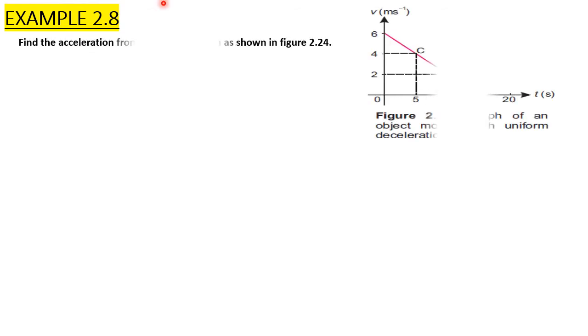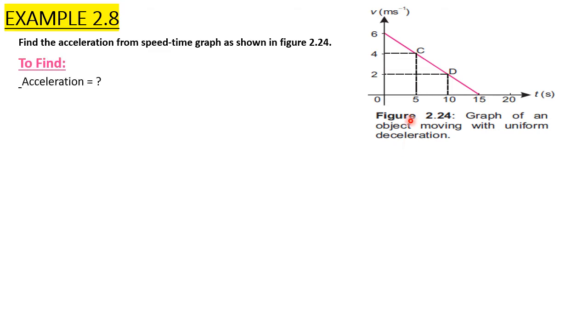Example 2.8. The statement of example 2.8 is, find the acceleration from the speed time graph as shown in figure 2.24. So here we have to find out the acceleration. But first please observe this graph: at point 0, the initial point, the velocity of the body is 6 meter per second, and after 5 seconds it has become 4 meter per second.